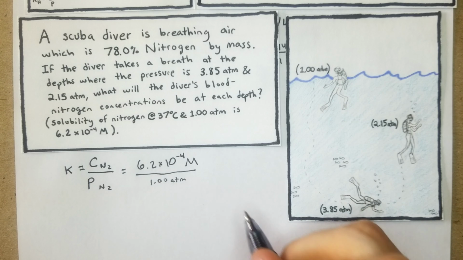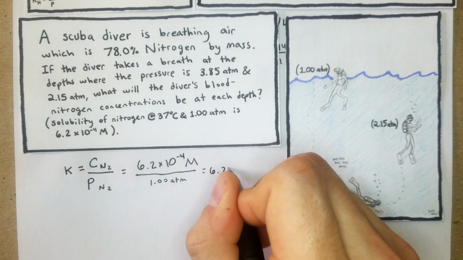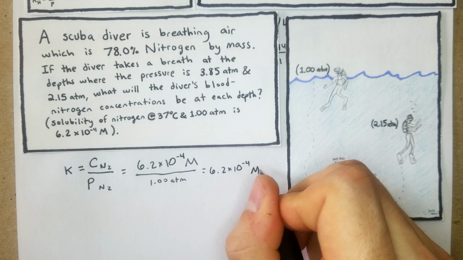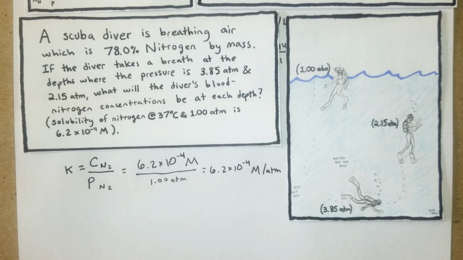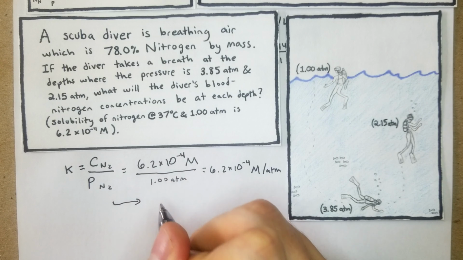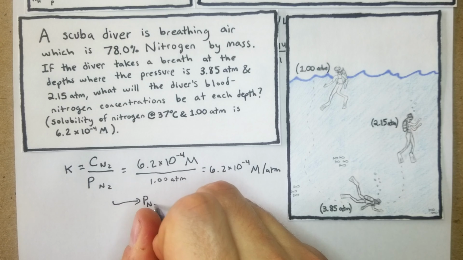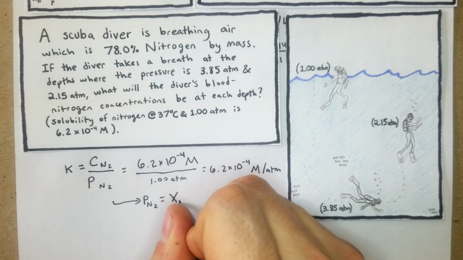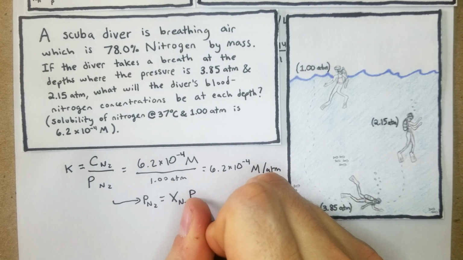Now we have just the same, 6.2 times 10 to the negative 4th M per ATM. So we have our baseline. Now what we can do is go for the P of N2, which is going to equal X of N2 times P total.